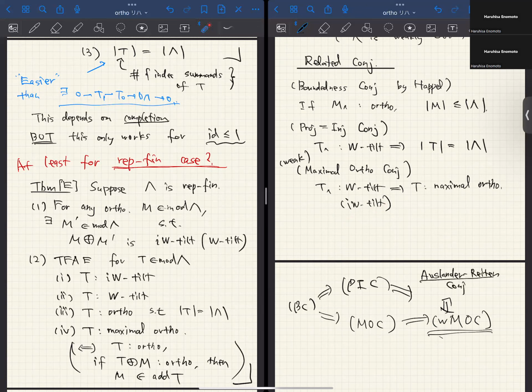Which appeared in the previous talk, maybe. This says that lambda should be maximal orthogonal. This is one rephrasing of the Auslander-Reiten conjecture. So we cannot extend lambda into orthogonal modules in a non-trivial way.